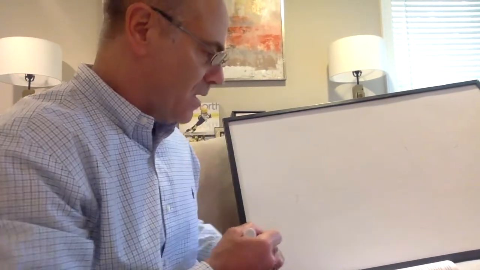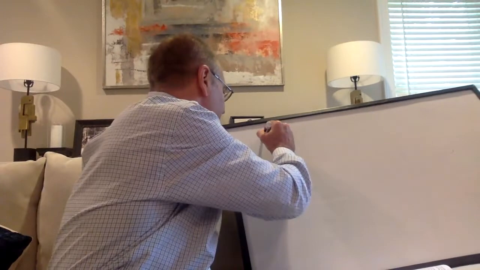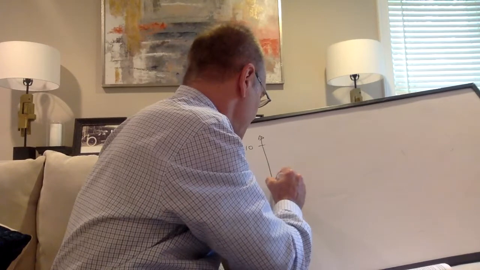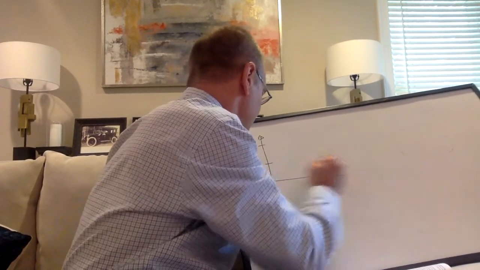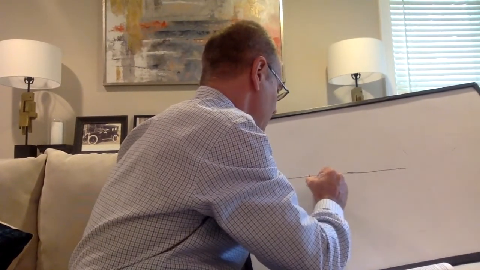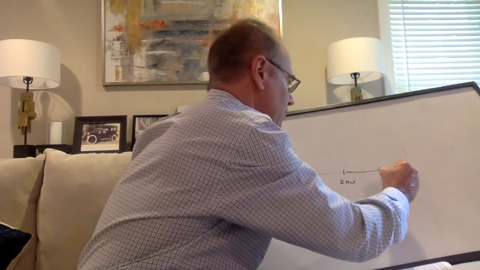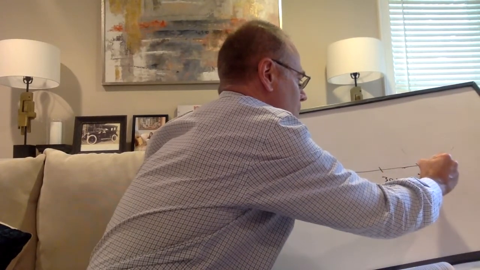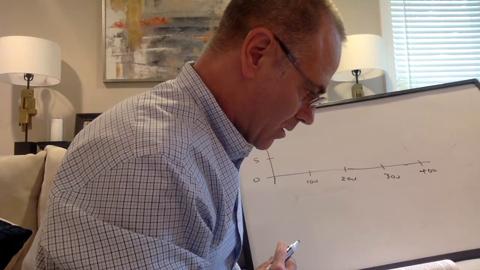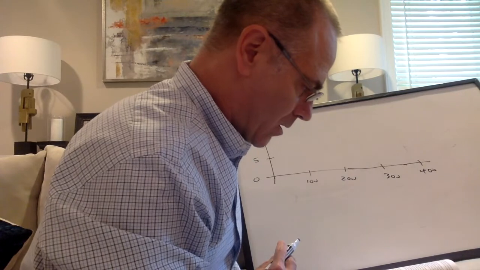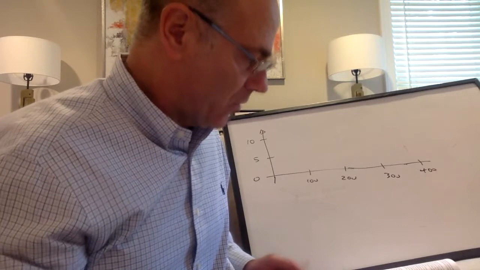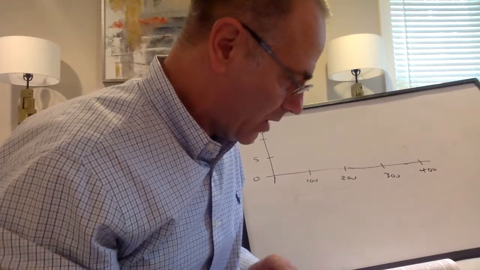Here is the way you figure that. I'm going to recreate the graph. We have $10, $5, and 0, and then 100, 200, 300, 400. Part A asked what wage rate firms will have to offer to hire 400 hours.